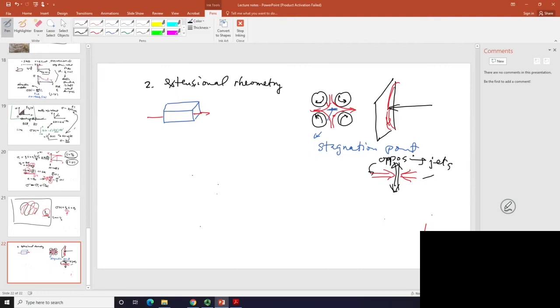So of course, extension is a second component, like shear, a very dominant component that's involved in processing. So we separately discuss it, shear versus extension. It's only just a matter of language.